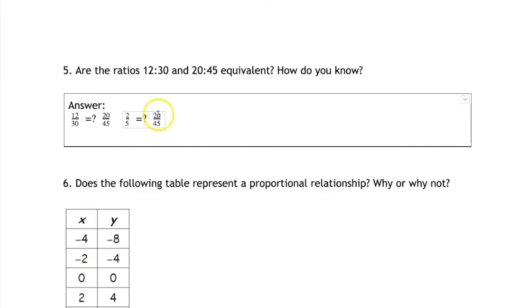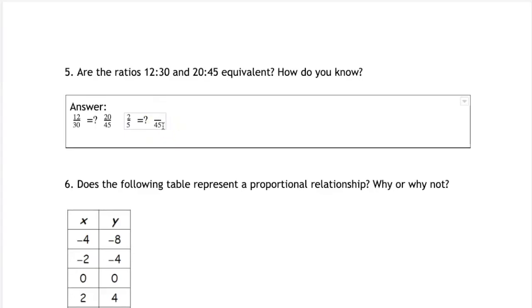So, sorry, 20 and 45. 20 divided by 5 is 4. And 45 divided by 5 is 9. Okay. So is 2/5 equivalent or equal to 4/9?